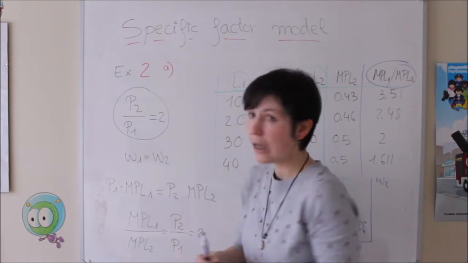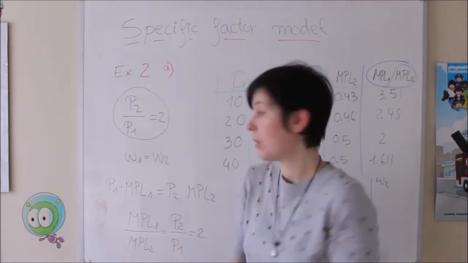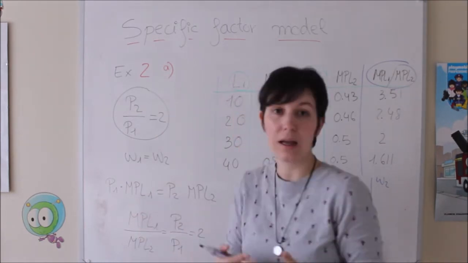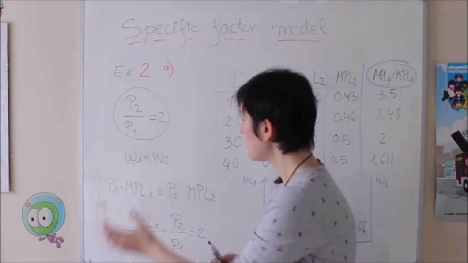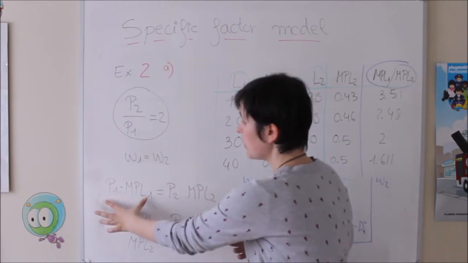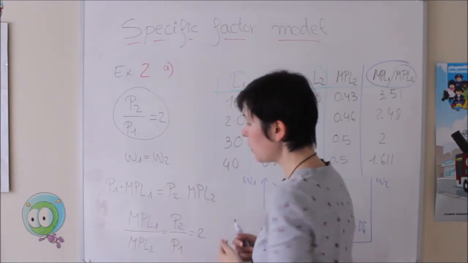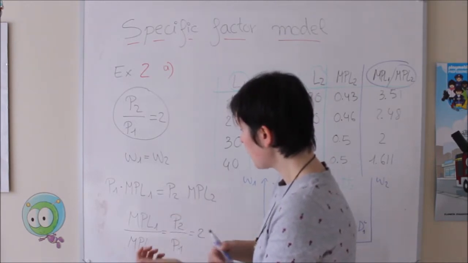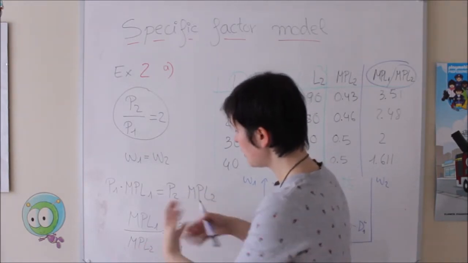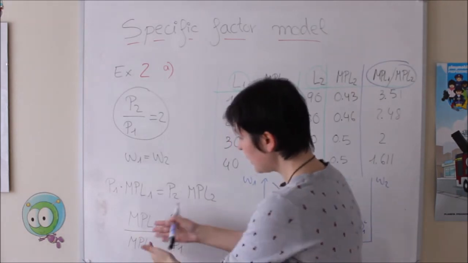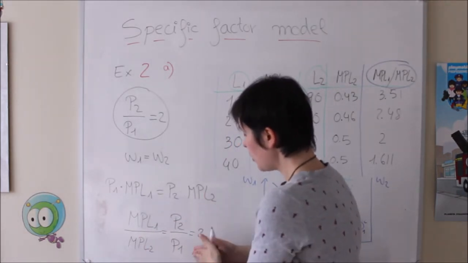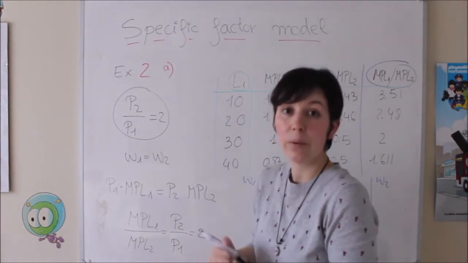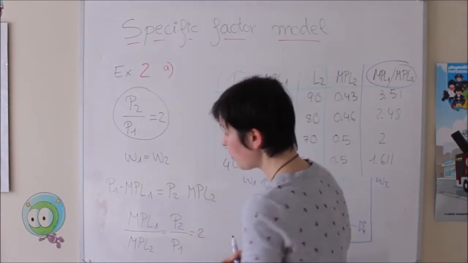So my wage depends on the good that I'm producing, but also on the productivity that I have. And if this is equal, it's because this value has to be equal to this one. So after we rearrange this data, we can get this relationship: the ratio of prices has to be equal to the inverse ratio of the marginal products of labor.